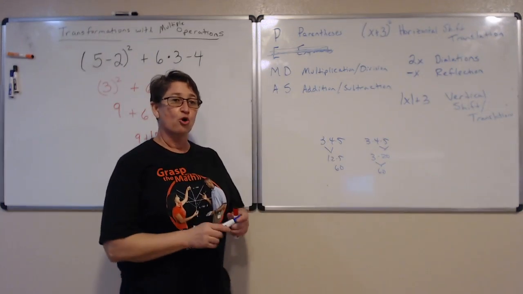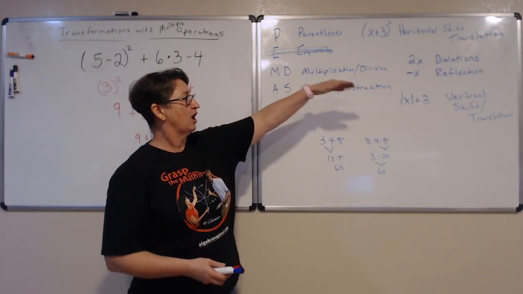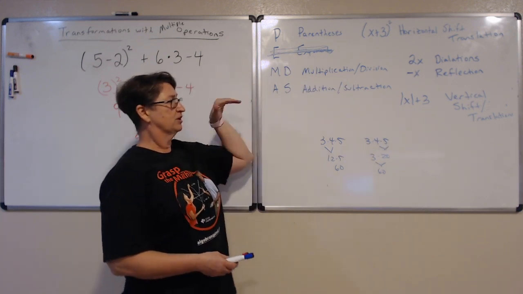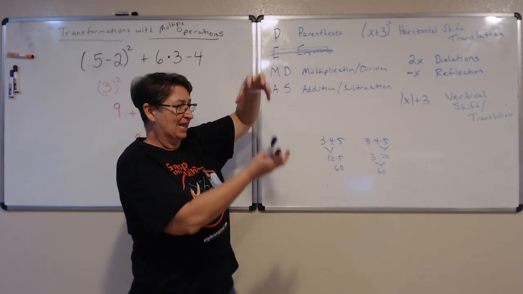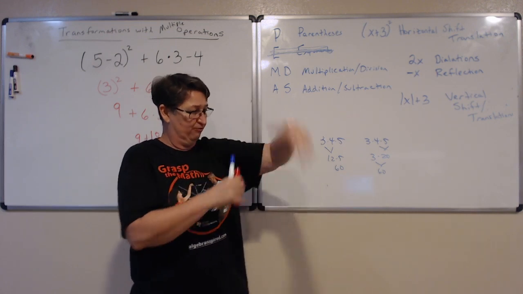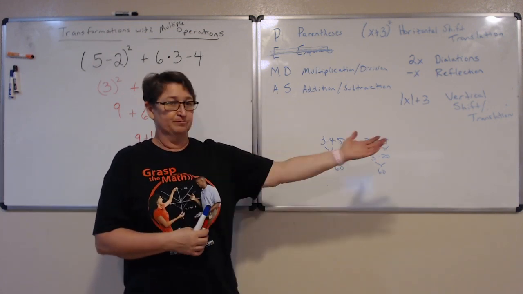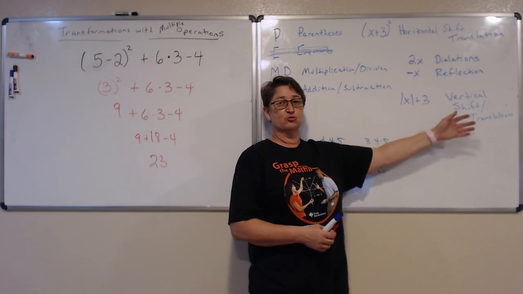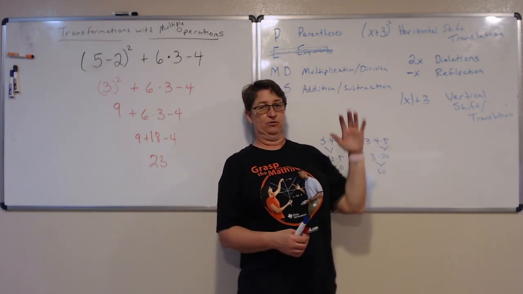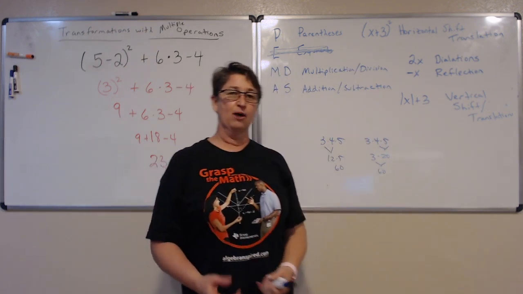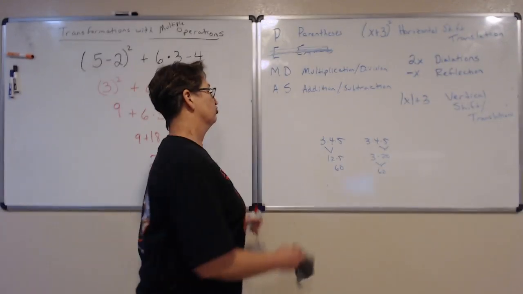Okay, so this is the order that we're going to do it in. We're going to do our horizontal shifts first, and then we're going to dilate it, reflect it, and then last but not least, we're going to vertically shift it up or down. So that's the order of operations for doing multiple transformations.